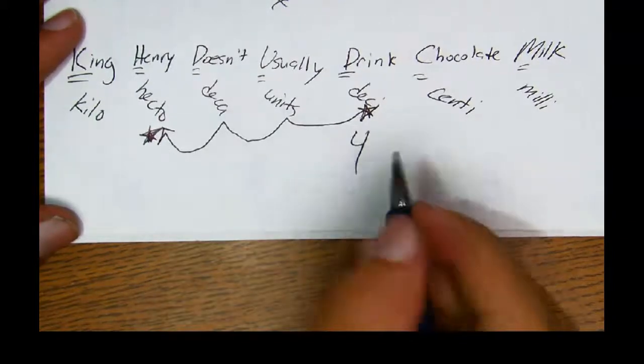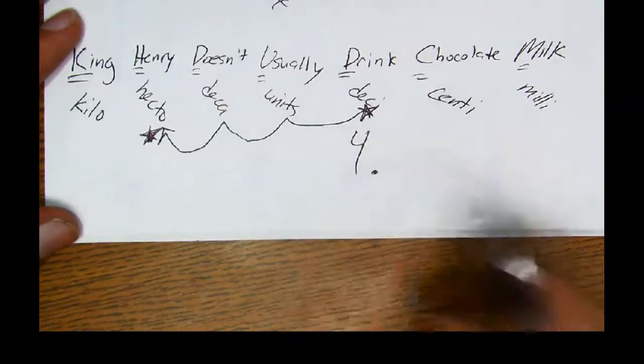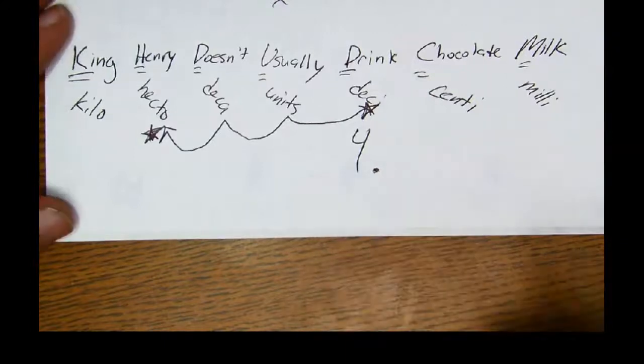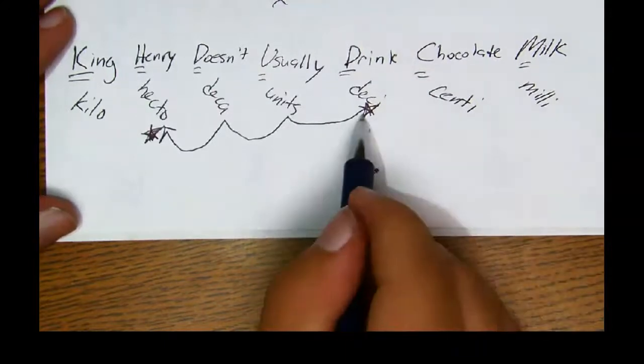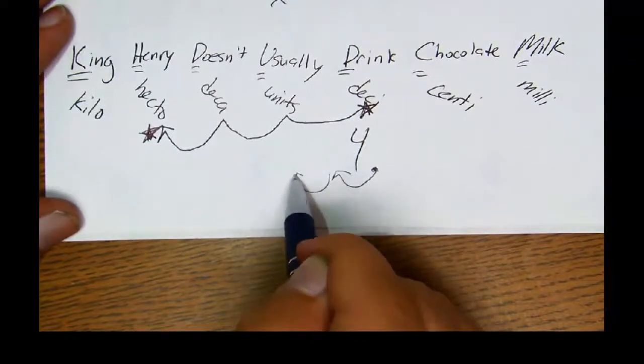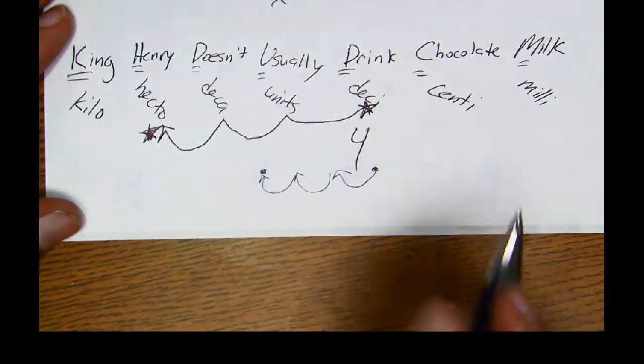So 4, if I'm looking at 4, there's actually a decimal point after 4, correct? It's not before because that would change the number. So it's after 4. I'm going to move over 1, 2, 3 spots, and I'm going to put my decimal there.